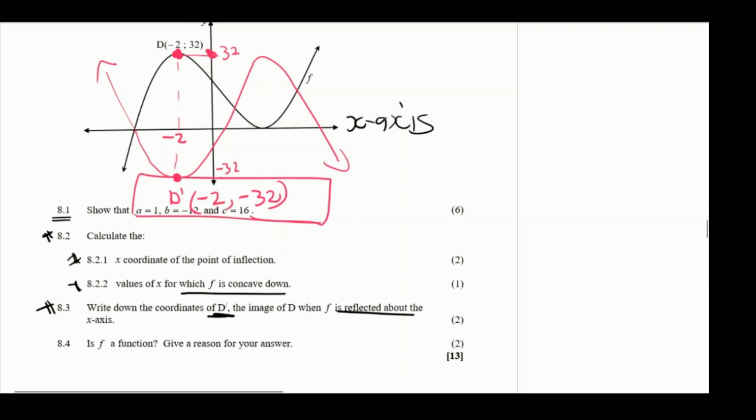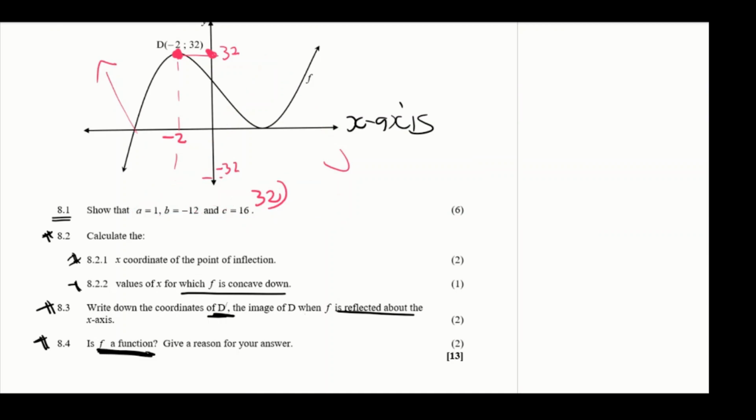Then 8.4 says, is f a function? Give a reason for your answer. For us to prove that the graph of f is a function, we need to test it using the vertical line test. So if you were to apply the vertical line test, each x corresponds to only one y at every point.